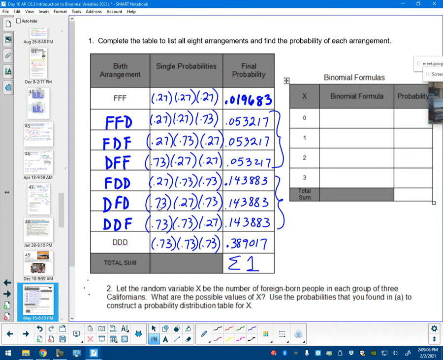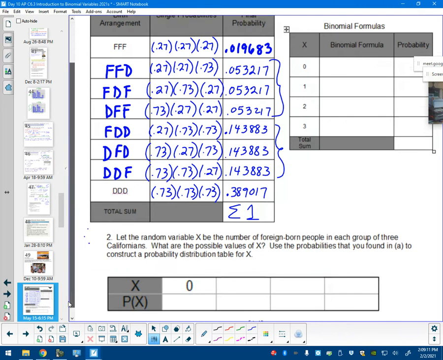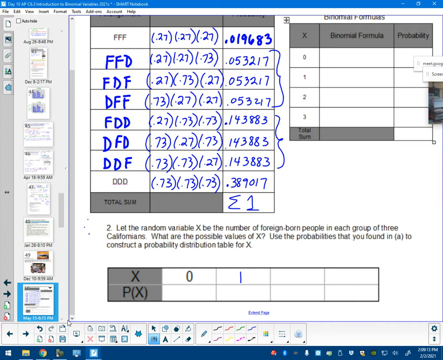So tomorrow we're going to graph that and turn it into a probability distribution by adding up the 1F, the 2F, and the 3F.